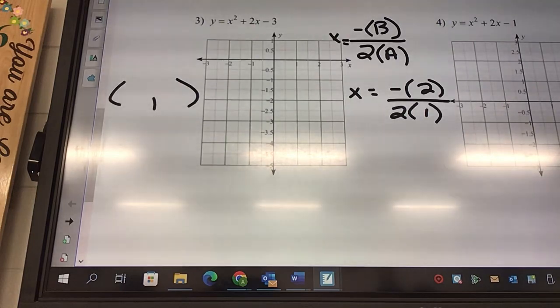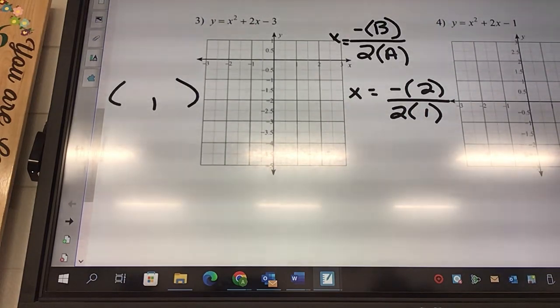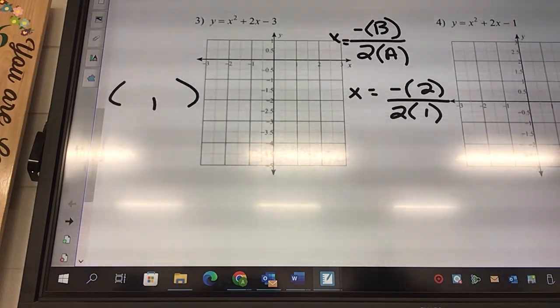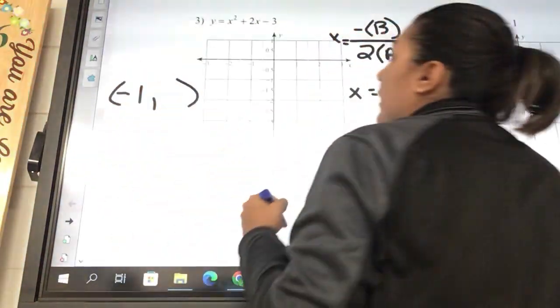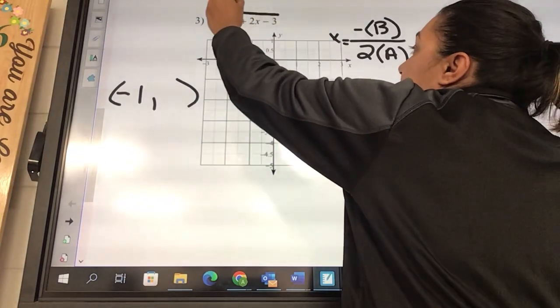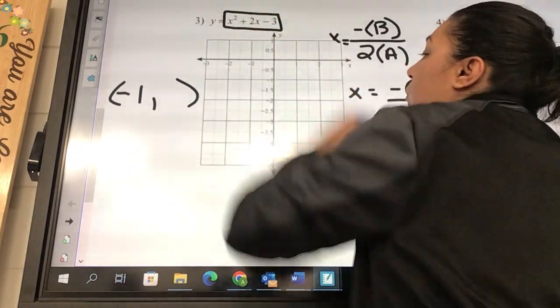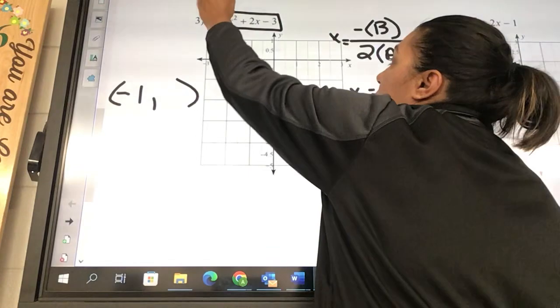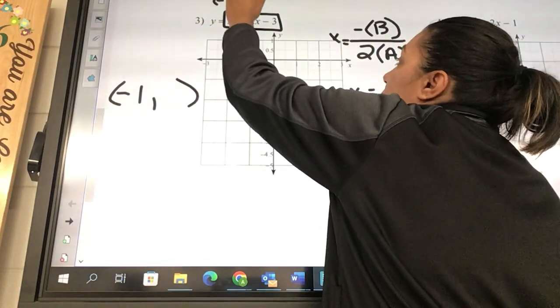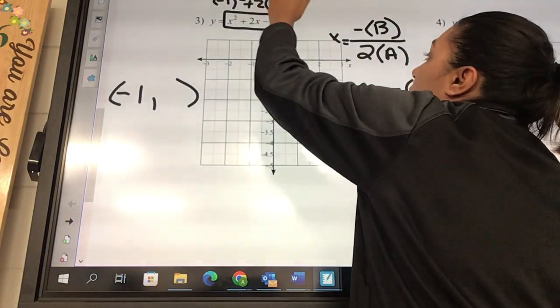What did you guys get for that x coordinate? Negative 1. So that goes here. Now we take that x, and everywhere up here we plug in negative 1. It's going to look like negative 1 squared plus 2 times negative 1 minus 3.